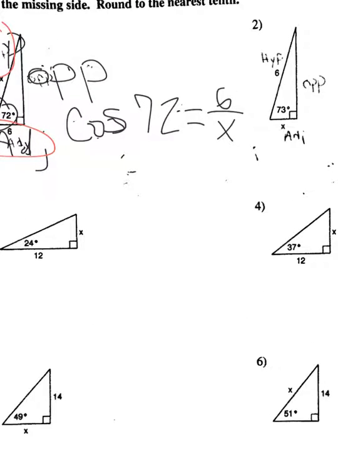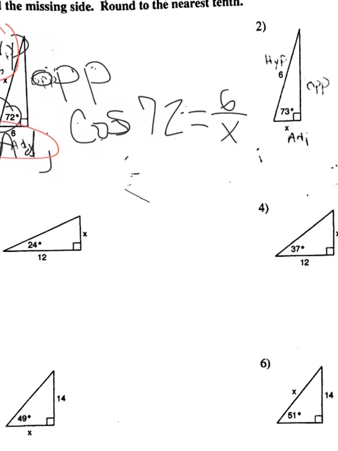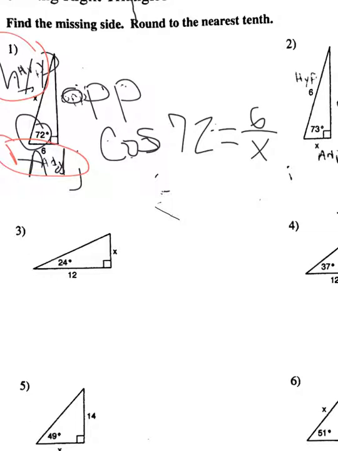Okay, so first thing, I'm going to kind of move this over. We're going to multiply x to both sides because we always want to get out of this fraction. And so this x in the denominator over here is going to cancel with this x being multiplied there. All right, so those cancel. You're left with x times cosine 72 equals 6.